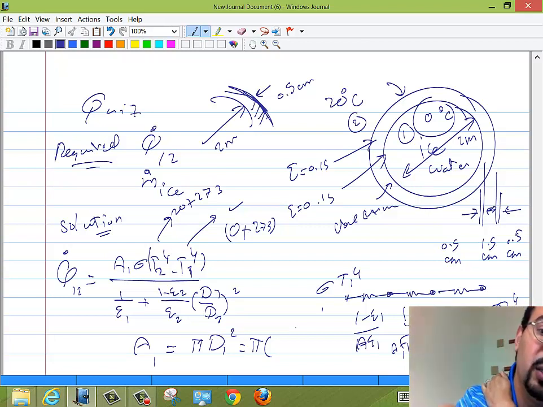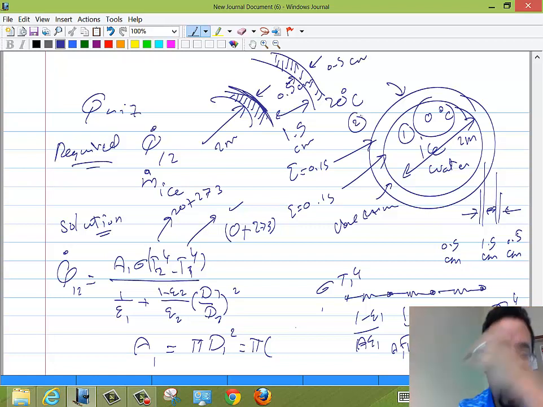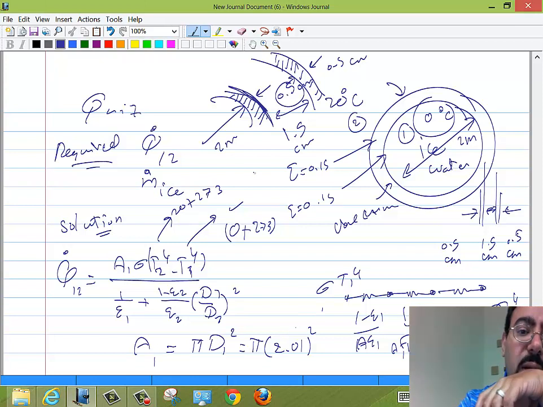This is 1.5, and then another 0.5 here. So again, how much is D1? 2.01, because there is 0.5 here, and 0.5 on the other side.